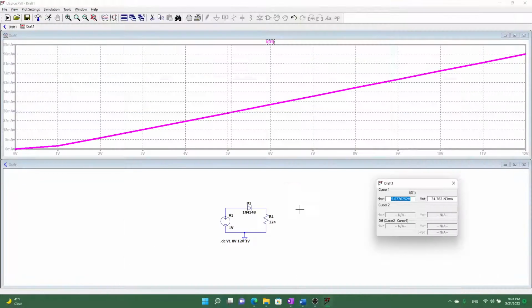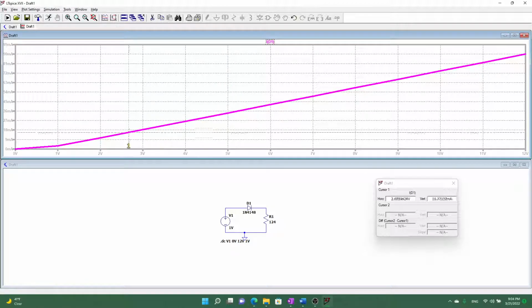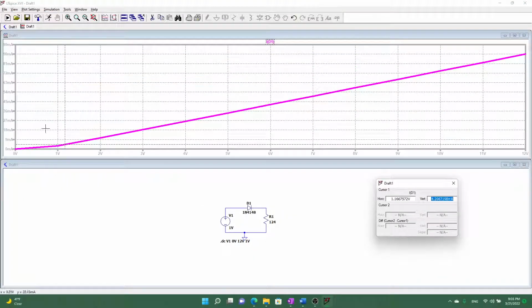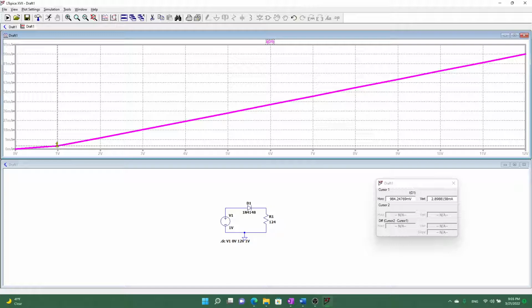So for a current of 4.2 milliamps, so we're looking at the vertical block here. So 4.2 milliamps, that's very, very low. 4.20, I think. No, 4.02. So it's even lower.